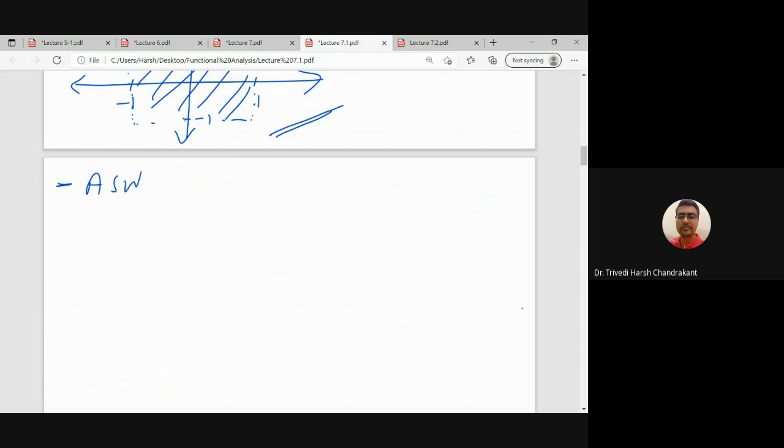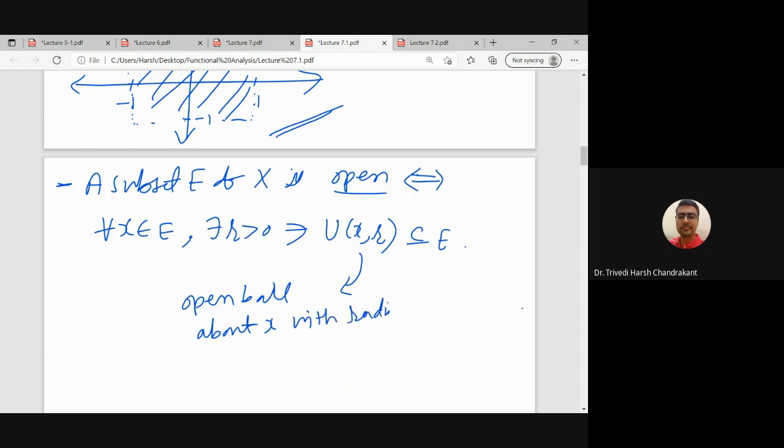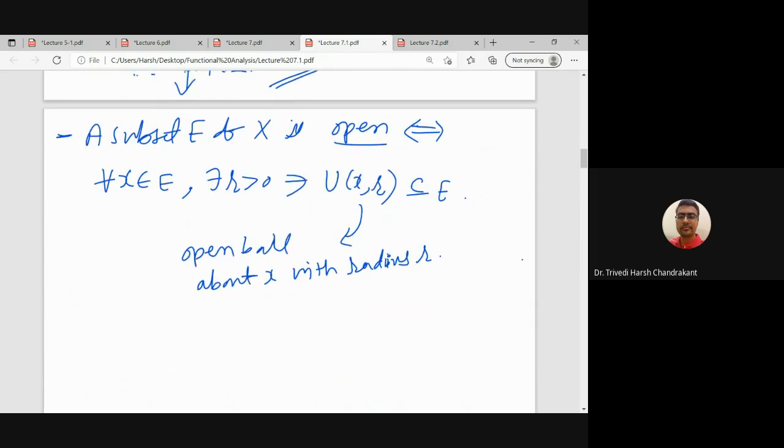So a subset E of metric space X is open if and only if for every element x in E we can find a radius R such that the open ball about x with radius R is a subset of E. Right, so such a set is known as open ball about x with radius R.